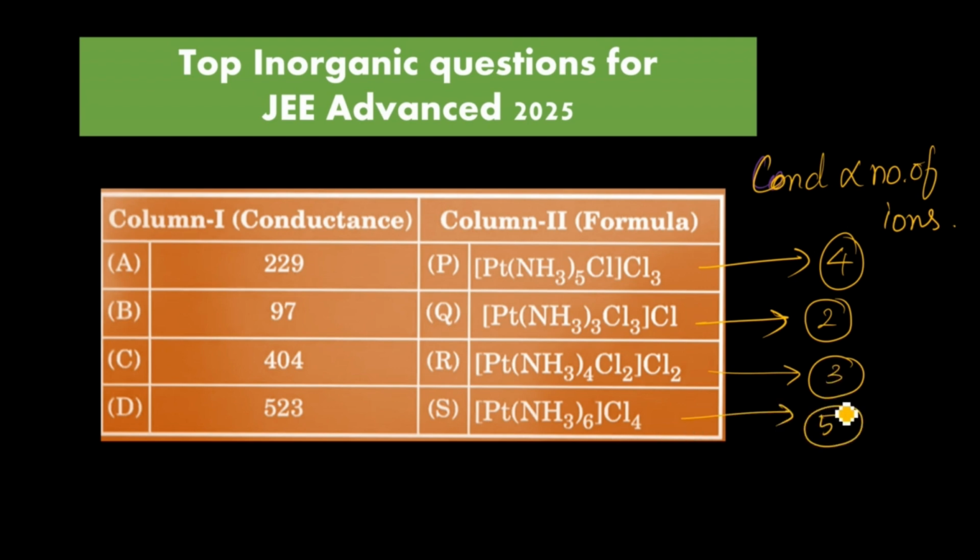So as I told you, conductance is directly proportional to the number of ions. So yes, which will have more, that is D. So yes, this is D, and then the highest one is P. The second highest is C. So C, okay, let me write it in this way.